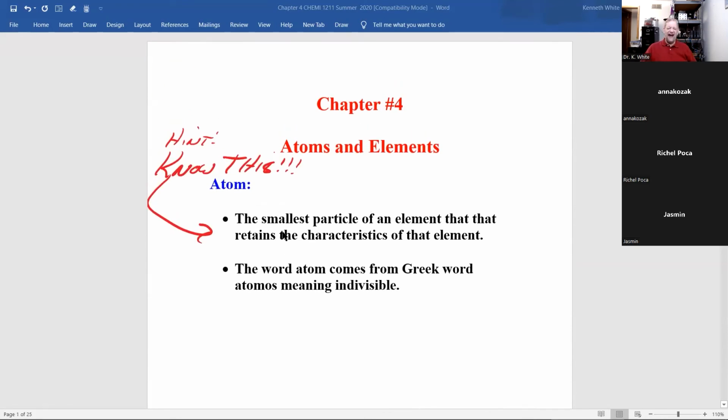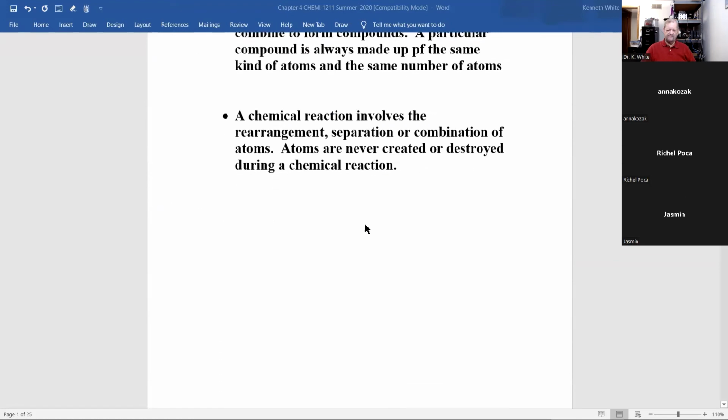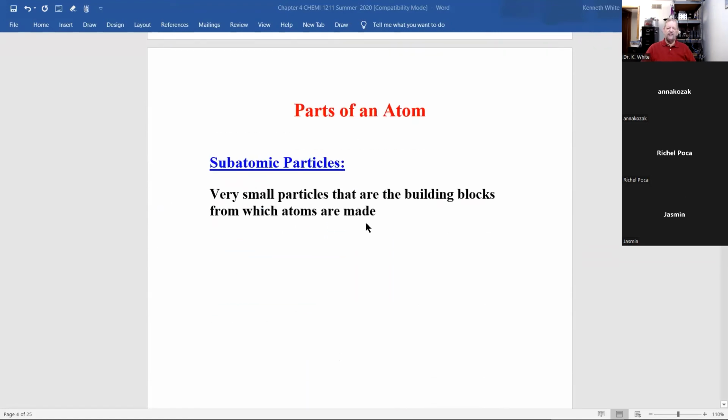Remember, an atom is the smallest particle of an element that retains the characteristics of that element. When we talk about atoms, they're subatomic particles, and those are the small particles that are the building blocks from which all atoms are made.